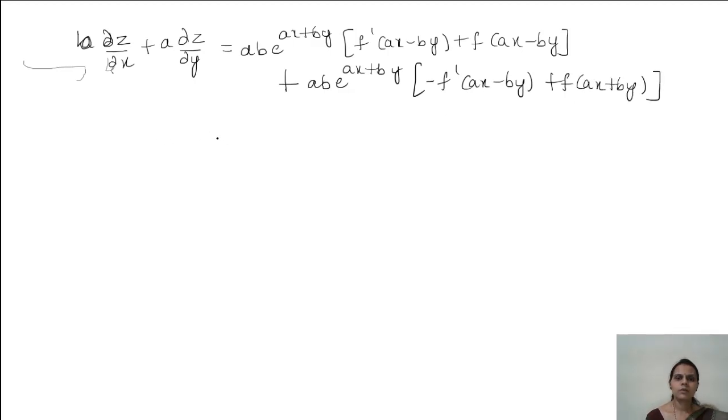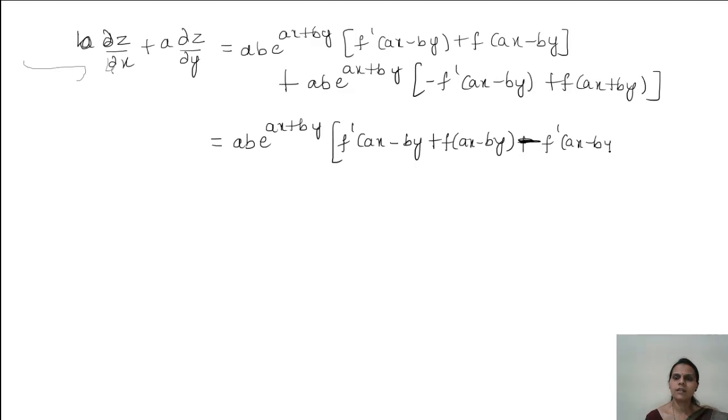So now adding these two terms, we have ab e power ax plus by common. So I am taking this term outside. The remaining term is f dash of ax minus by plus f of ax minus by, minus f dash of ax minus by plus f of ax minus by.